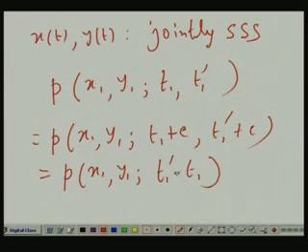Similarly, if you have x1, x2, y1, y2 and T1, T2, T1 prime, T2 prime, you can define it like that.